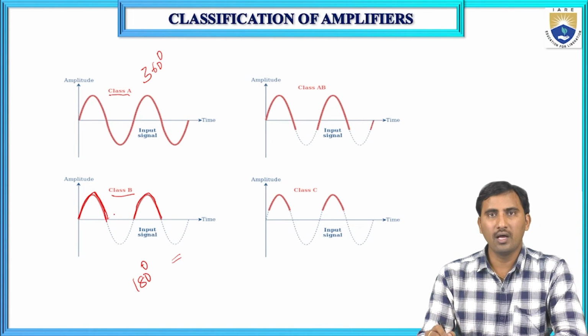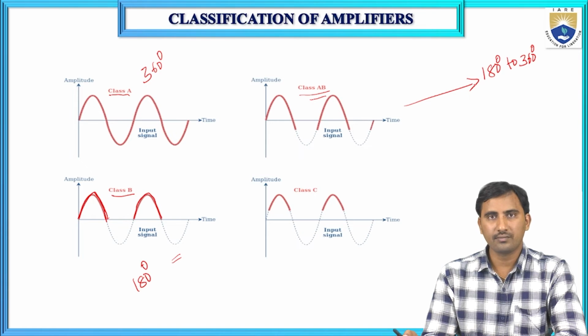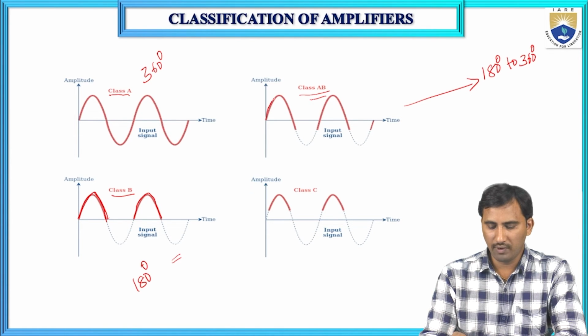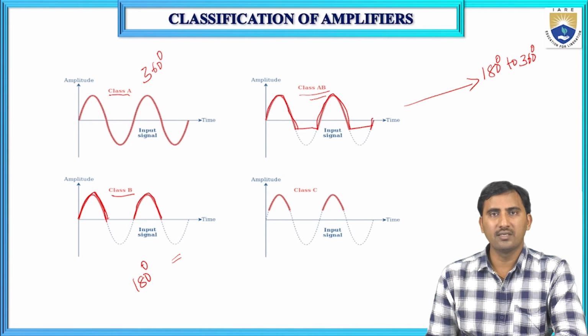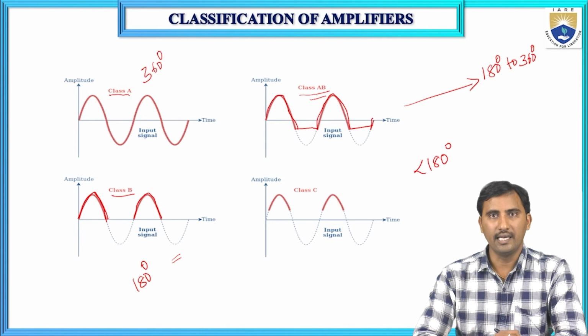Okay. And coming to the class AB. For class AB, the conduction angle will be 180 to 360 degrees. Okay, so the output waveform will be like this. And the last one is class C. For class C power amplifier, the conduction angle is less than 180 degrees.